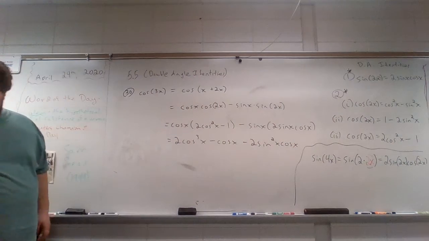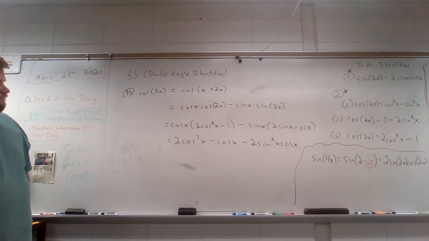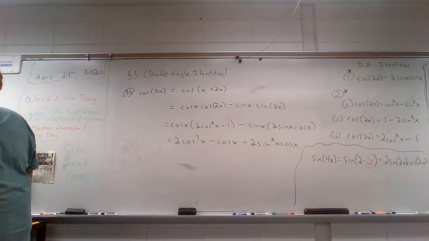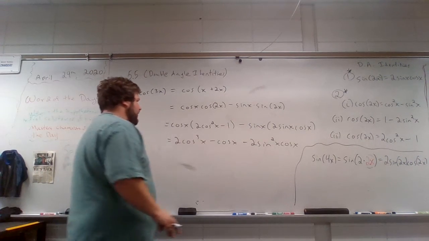Okay, I have no common factors there. I could manipulate that a little bit if I wanted to, but for me, this is fine if I leave it like this.